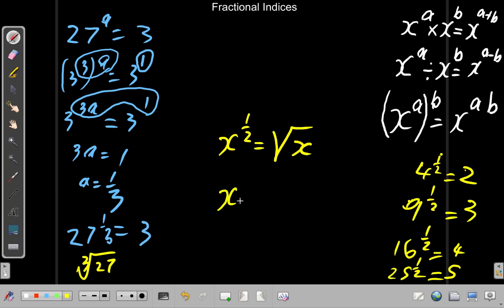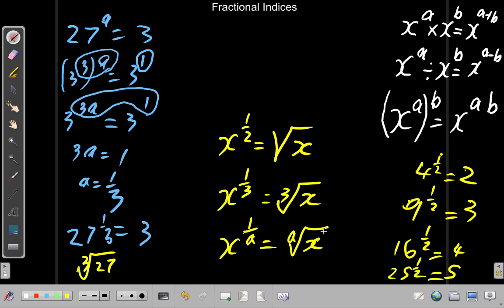Could it be that x raised to the 1/3 is equal to the cube root of x? And could it be that if we try with other numbers, we would see that x raised to the 1/a is equal to the a-th root of x? Well, it is, right?